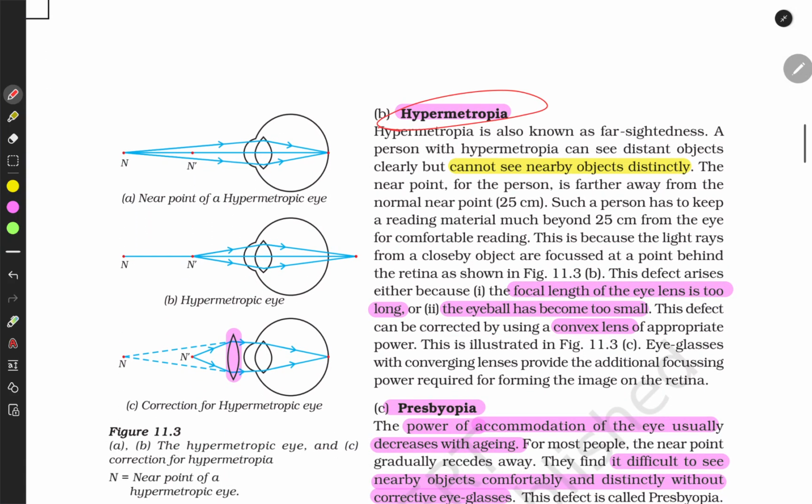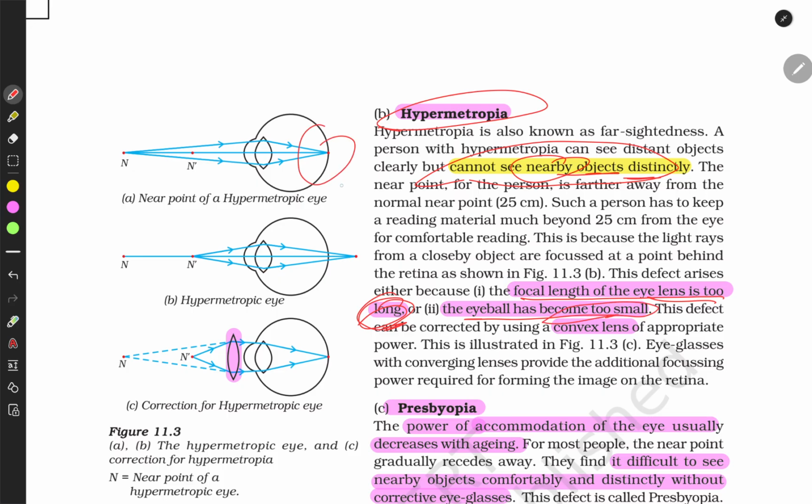Another defect is hypermetropia, where we cannot see the near object distinctly. We can't see the nearby objects, however we can see the far objects. What happens in this case? The focal length of the eye becomes too long and goes beyond the retina, or in the second case the eyeball becomes small.